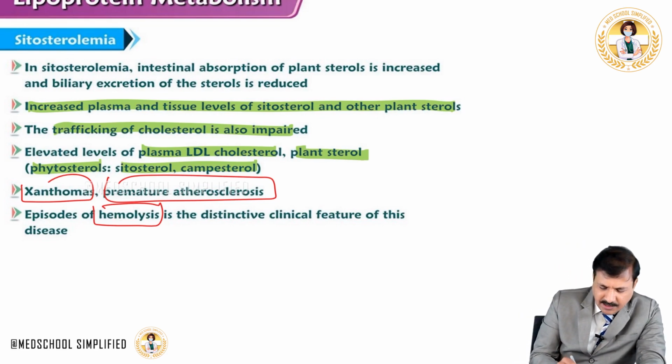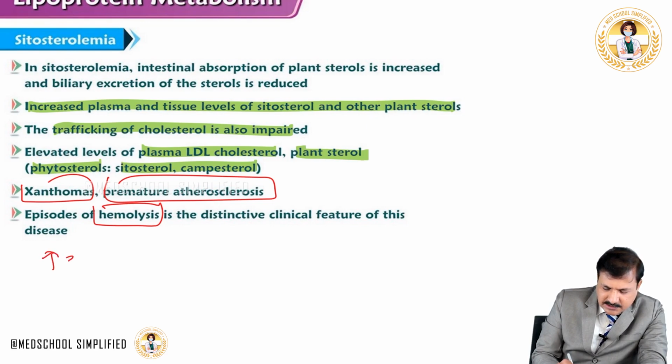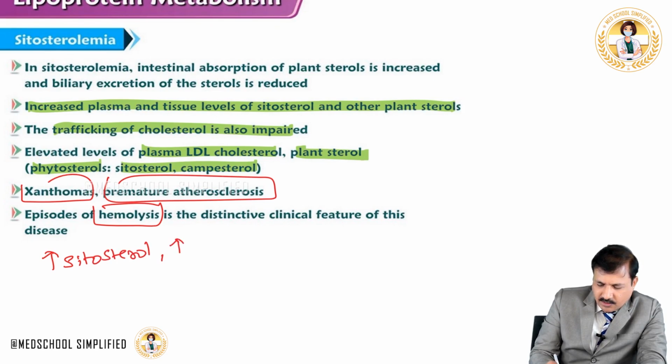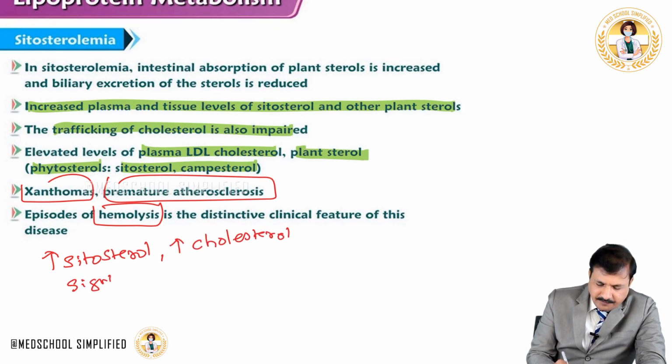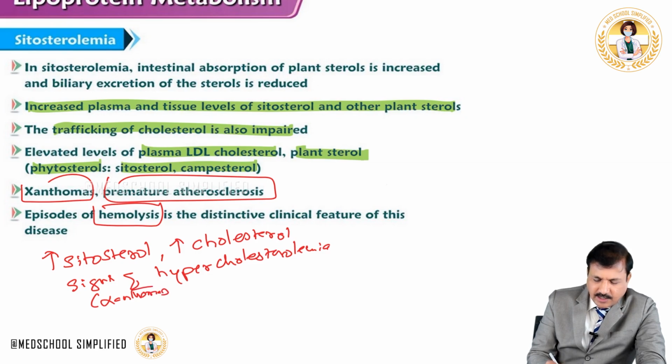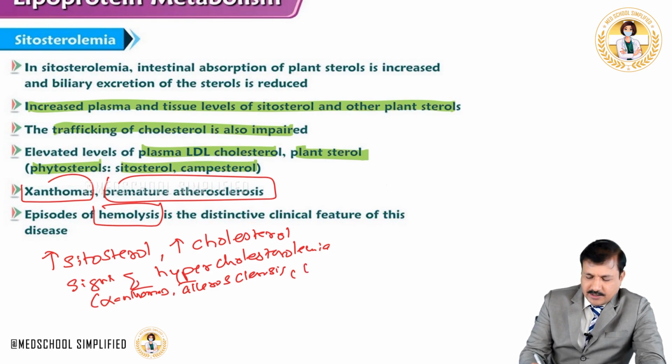So in sitosterolemia, there will be an increase in the blood levels of sitosterol. That's the first thing. The second is an increase in cholesterol levels in the blood, and the third is signs of hypercholesterolemia, such as different types of xanthoma, especially cutaneous and tendon xanthomas, and atherosclerosis signs like increased blood pressure and coronary artery disease.